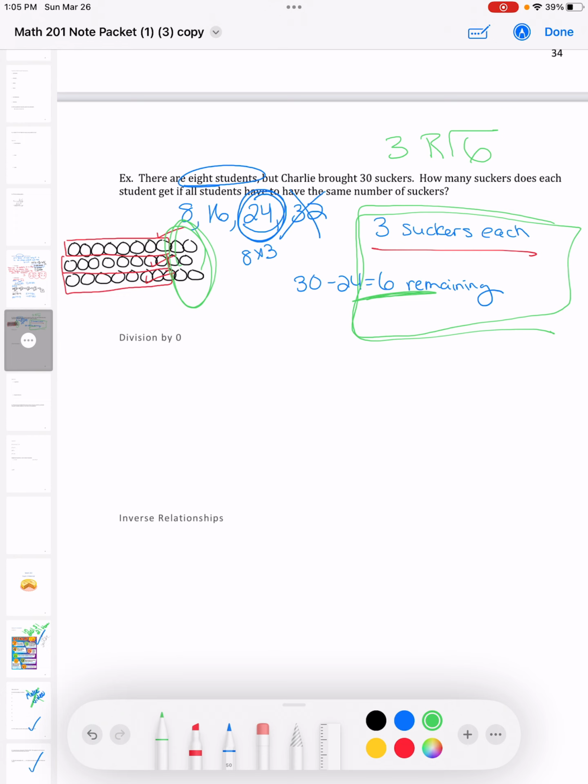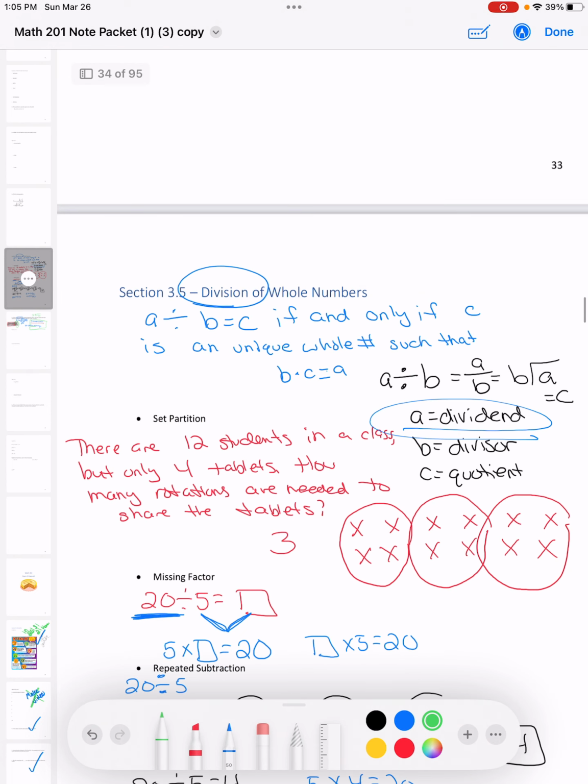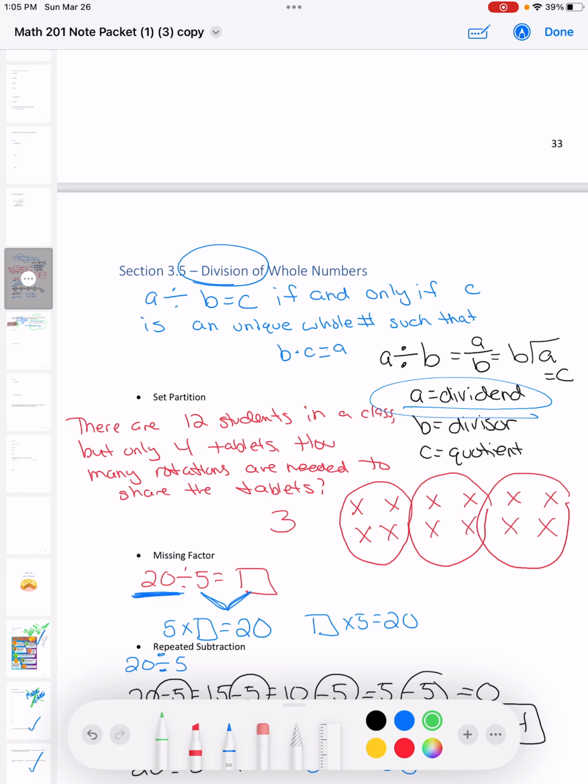Now, I already alluded to dividing by 0. That's something that does usually come up, and that's why I've got this definition up here. When we divide by 0, some weird things happen, and people get confused on when an answer is 0 and when an answer is undefined. So I just want to go over it.